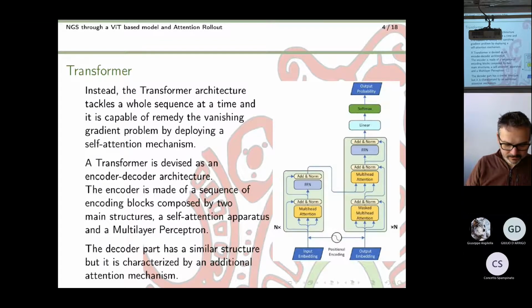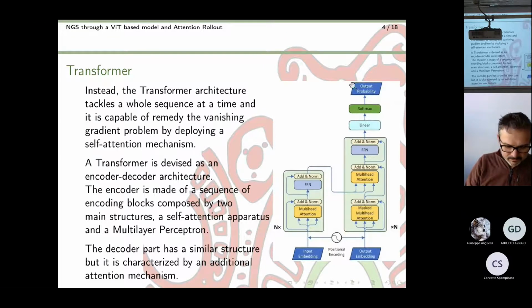Then each token is converted into a context vector to keep track of the meaning of a token with respect to the others. And lastly, information about the position of every token inside the sequence is added to the context vector.